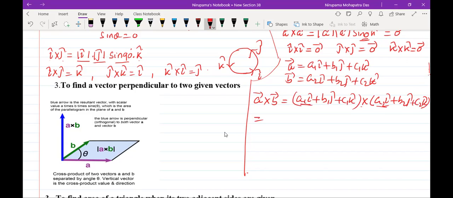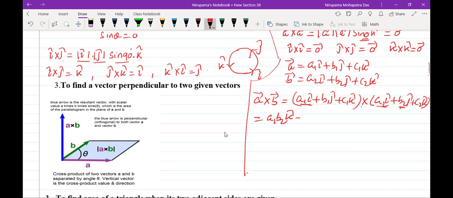And this multiplied by this, A1 B2 I cross J is K. I'm just writing in detail, and otherwise I'll tell you the simplest thing also.